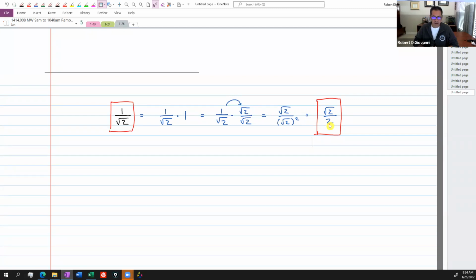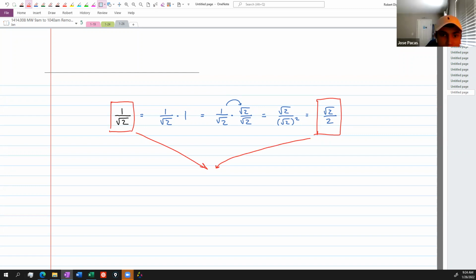Does anyone have it? Anyone try it on their calculator? As a decimal? What do you got? Anyone? I got the same answer for both.